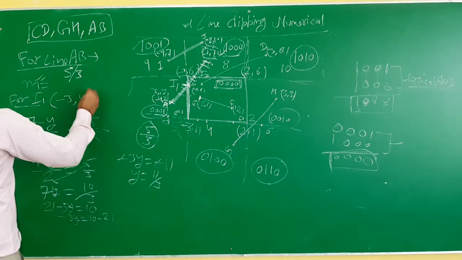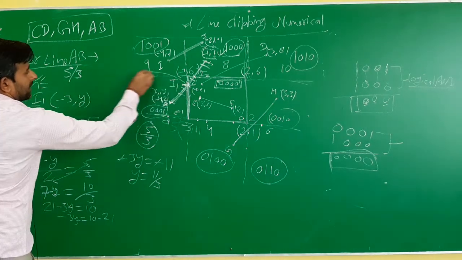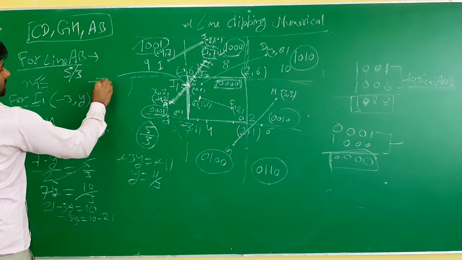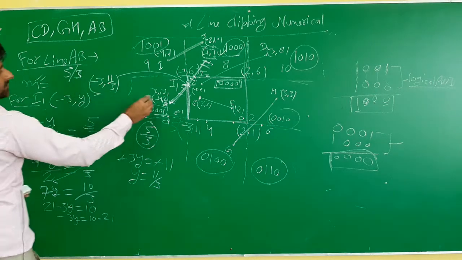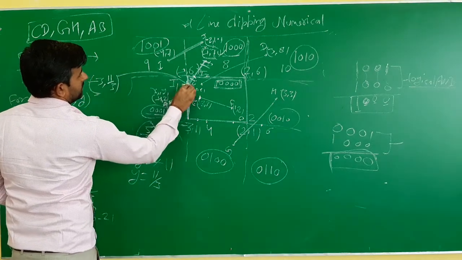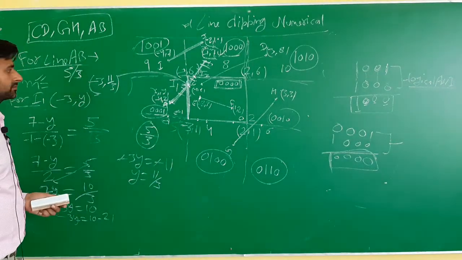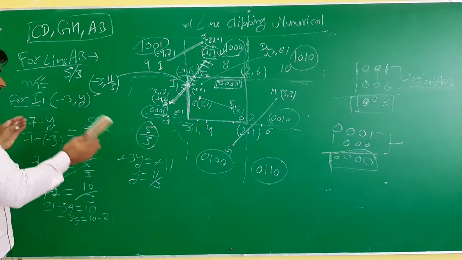Then I have the value minus 3 and 11 by 3. These are the coordinates of I1. Clear?